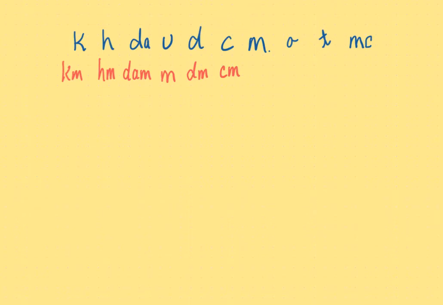Okay, if we continue further, we have a millimeter. I'm not going to name the A and the T, but I am going to write out a micrometer. Okay, it's 1/1,000,000th the size of a meter. It's little.